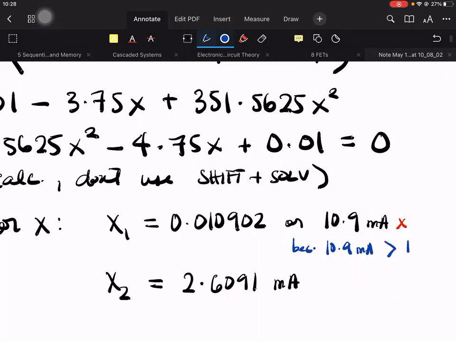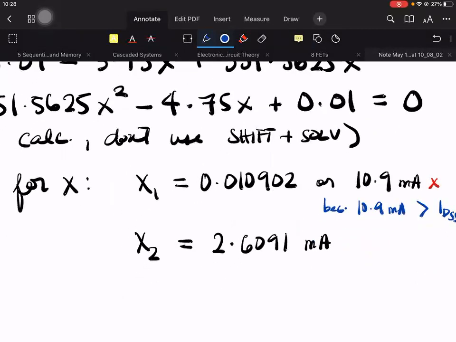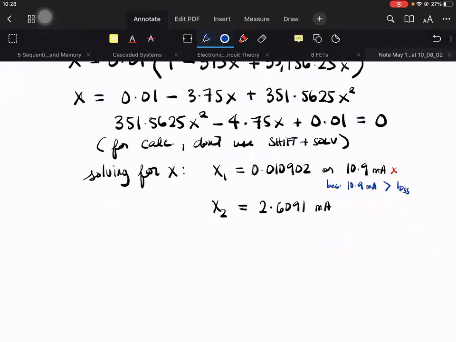IDSS should be the maximum saturation current. So the final answer is, therefore, ID is 2.6091 milliamperes.